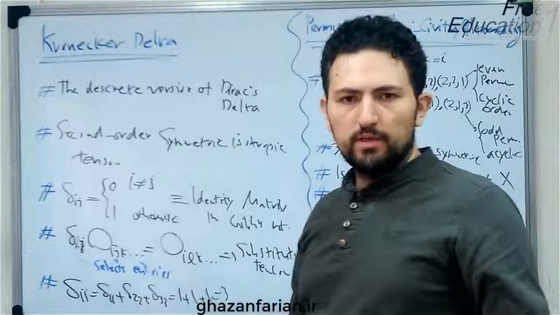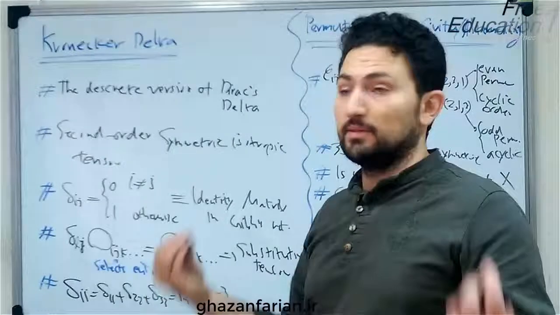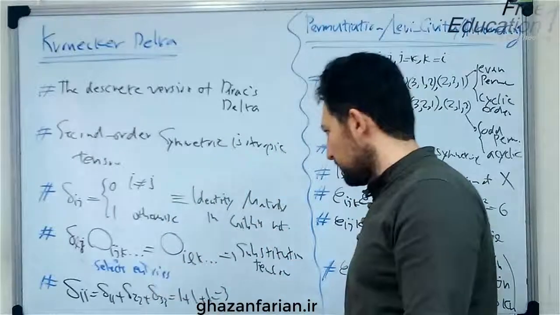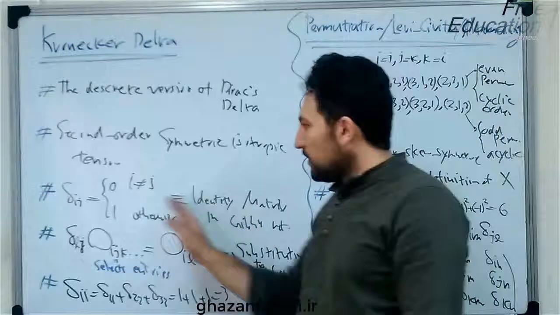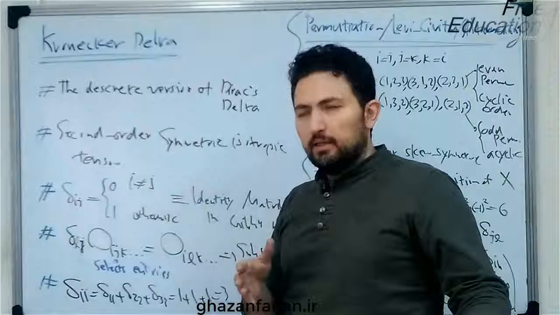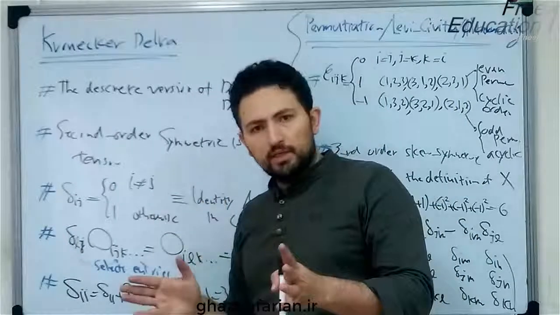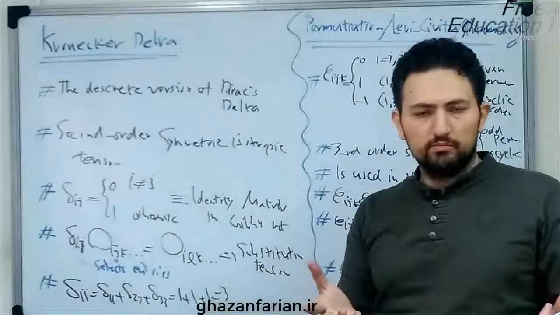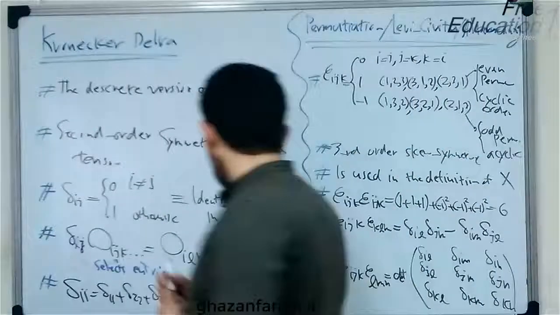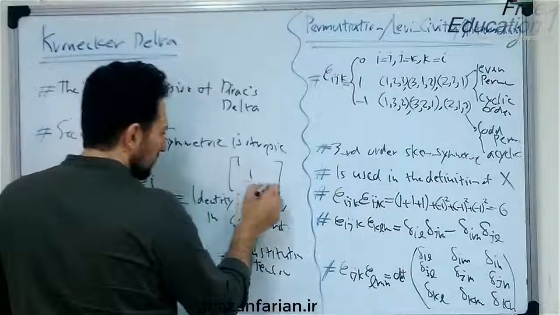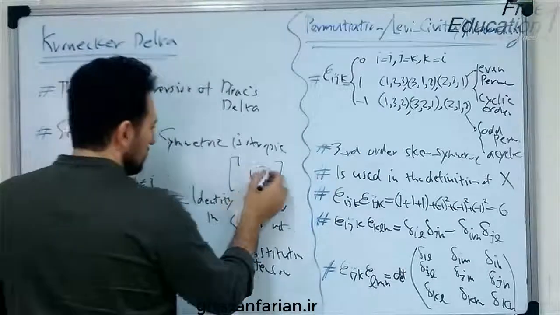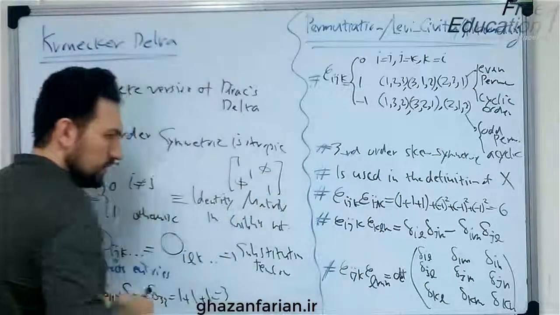This is a simple definition of the important Kronecker delta function, or tensor. The translation of this tensor in Gibbs vector notation is the identity matrix. The identity matrix is a matrix in which the diagonal components are 1 and others are 0.